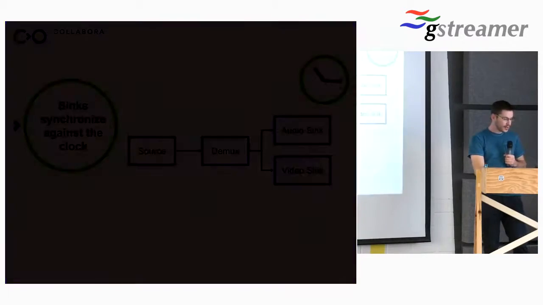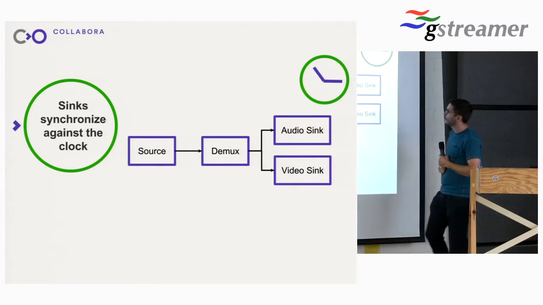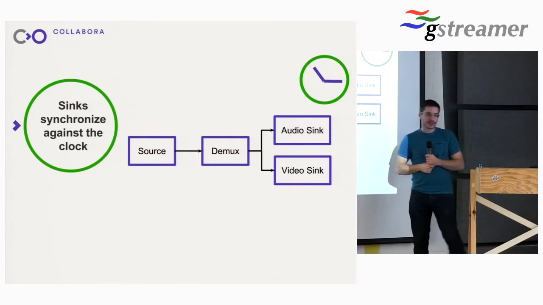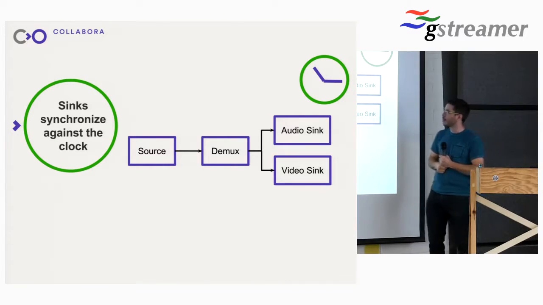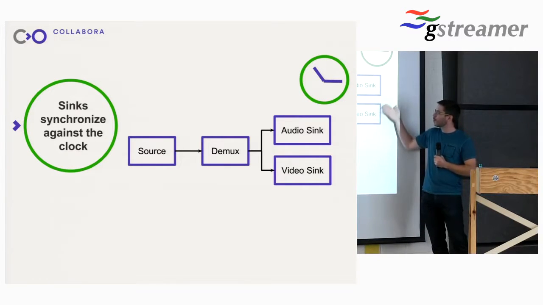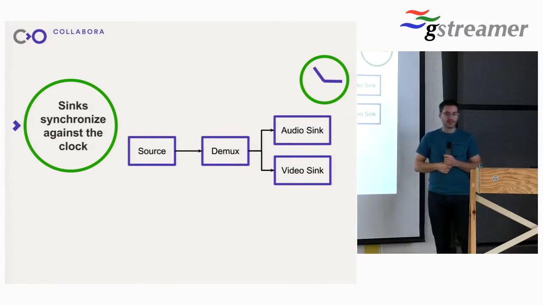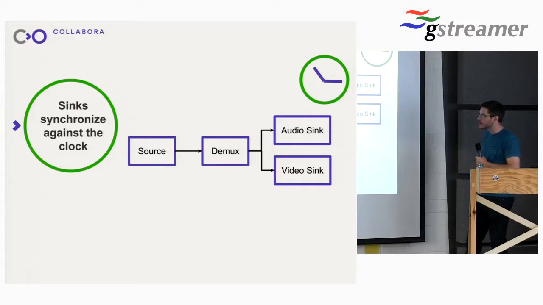So, what time should we use to synchronize? Well, the most obvious time to synchronize is obviously the clock time. And the most important case in GStreamer, especially for playback, is what audio and video sinks do. So, synchronizing on the clock time requires multiple steps.